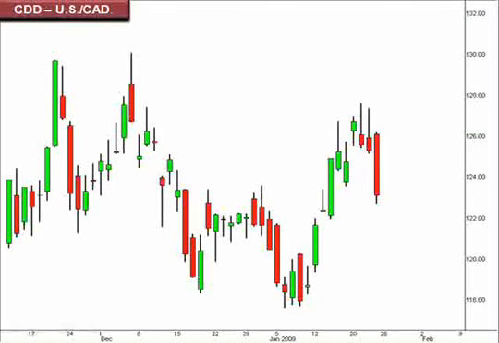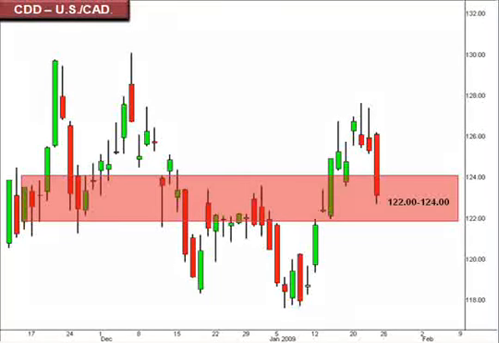With that in mind, let's take a look at our first ISE FX options pair value, the US versus the Canadian dollar, the CDD. Now, after a strong rally throughout most of January, we've seen the CDD sell off very aggressively back down into this 122, 124 focal zone, which in fact represents a key level of support. And after such an aggressive sell-off, a bounce in here would not be surprising.